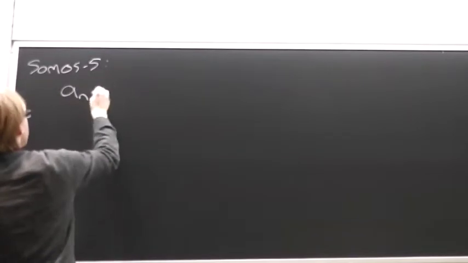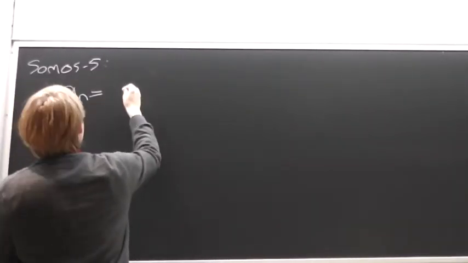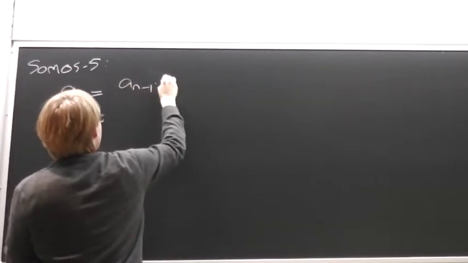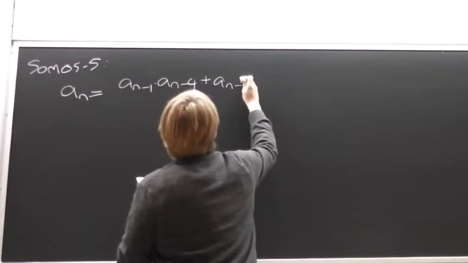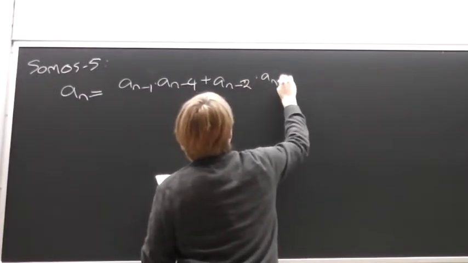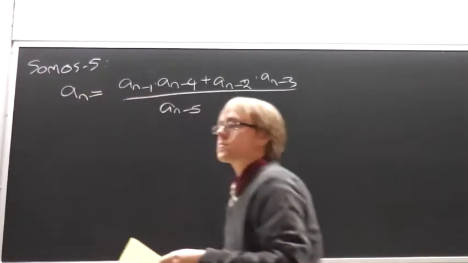Once again, we start off with all 1s, and then a sub n is a sub n minus 1 times a sub n minus 4 plus a sub n minus 2 times a sub n minus 3, all over a sub n minus 5.